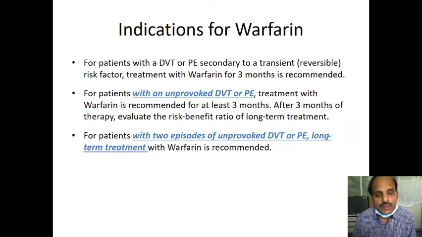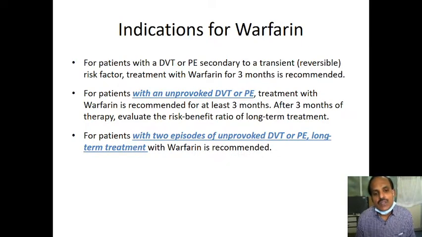So here you remember that warfarin is given for prophylaxis of DVT, prophylaxis of pulmonary thromboembolism in people with DVT, and in people with atrial fibrillation who have increased risk of stroke.